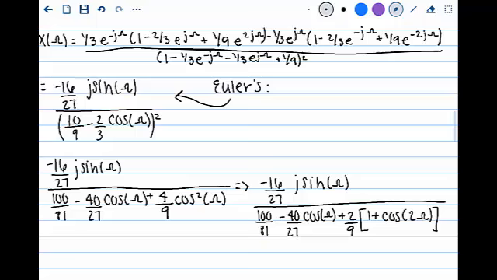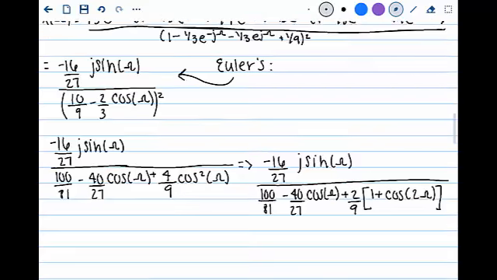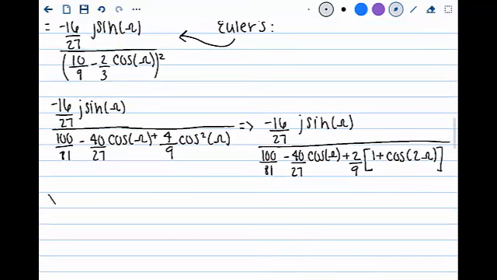From here, we just need to simplify the bottom denominator, and we obtain the final answer.